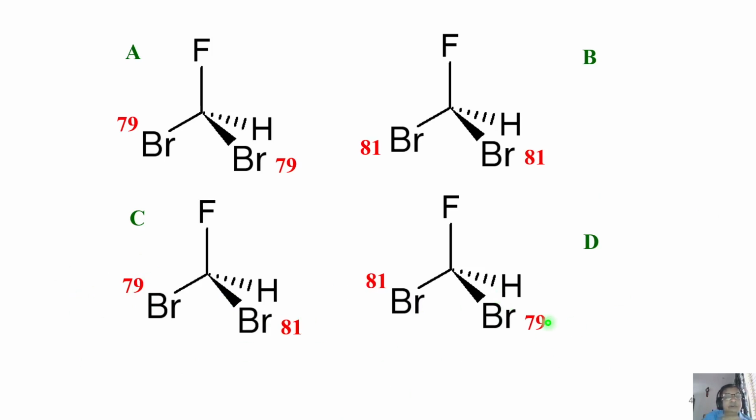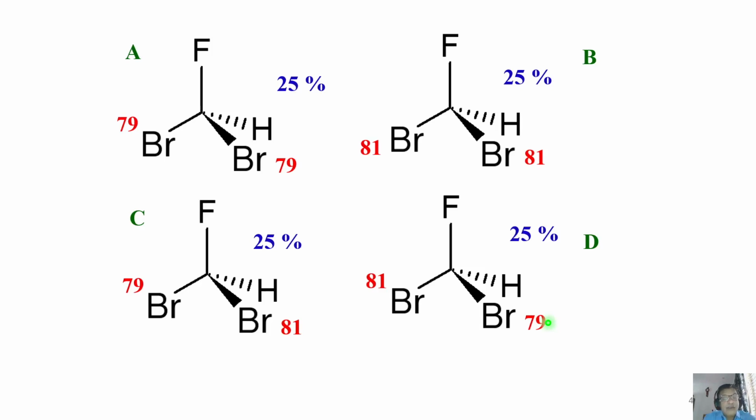So how many isotopomers are there in this molecule? Four different isotopomers. And what is the probability of each of them? Because of equal abundance, each is 25%. If there are 100 molecules, this is 25%, this is 25%, this is 25%, this is 25%.